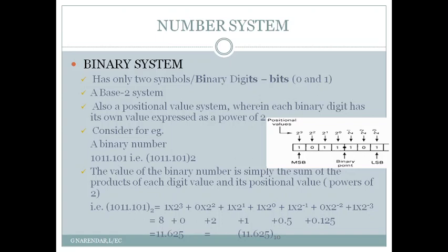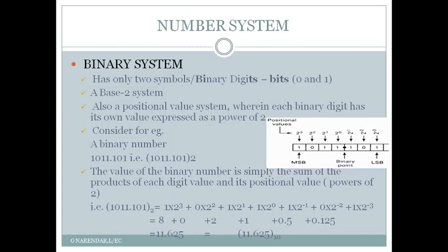Right, so next we will consider one particular binary number, and we'll see how we get the value of that binary number. Here we can see the number, for example, 1011.101. Here I cannot call it one thousand eleven point one zero one, because the position value of the leftmost one is not 1000 here, since it doesn't belong to the decimal number system.